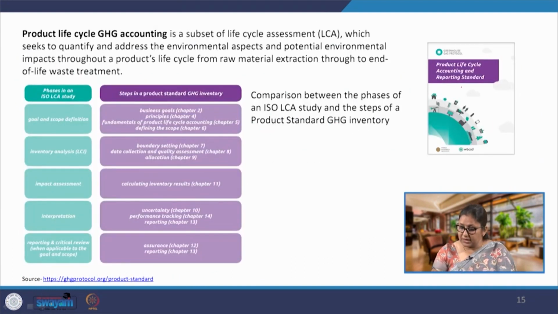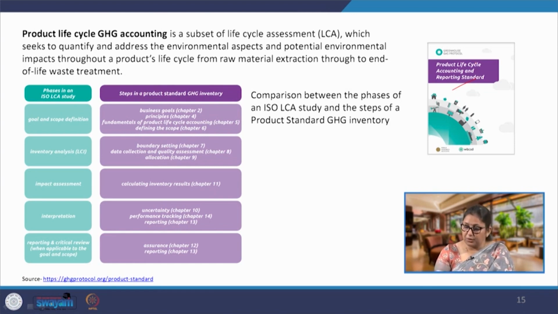There is another standard, which is the product life cycle accounting and reporting standard, and it is very similar to the life cycle assessment. But in life cycle assessment, if you have gone through it, we are actually looking at the impacts on the environment plus a lot of other factors throughout the life cycle of a particular product.